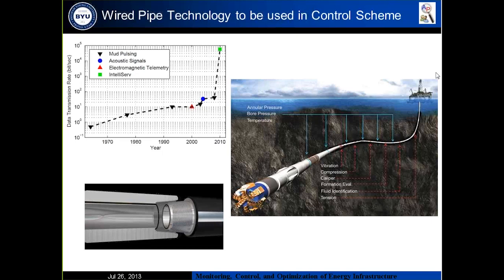I'm not that aware of the hardware part, but I know that from the software point of view, the bandwidth increased, so we can use that for control purposes. But I also know that they have special types of wires in the pipes.